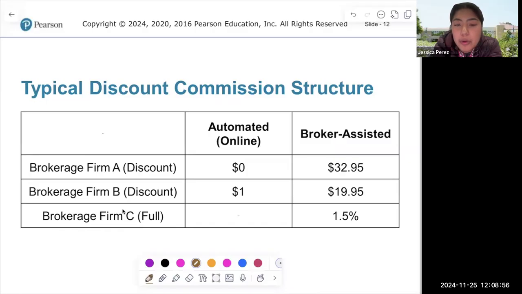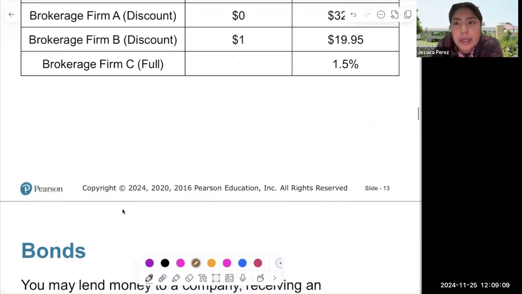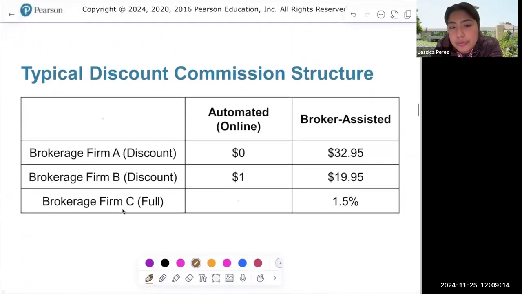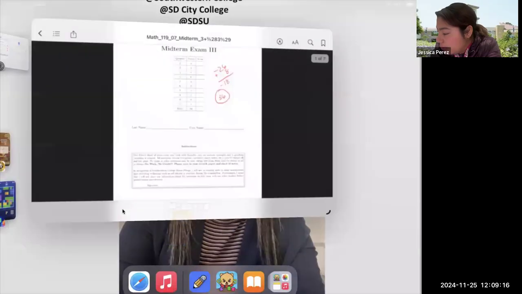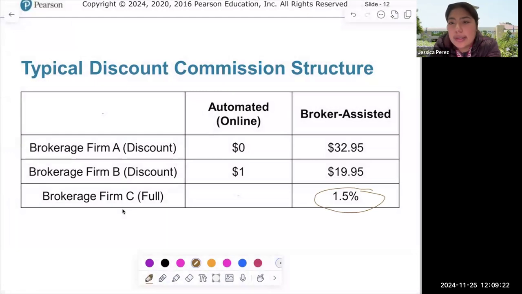And you have broker firm C, the full broker that does the recommendations, buys and sells. They get 1.5% of your commission for broker assisted. So this is a typical discount structure. See how the broker assisted is percentage wise, while the discount has a fixed amount.